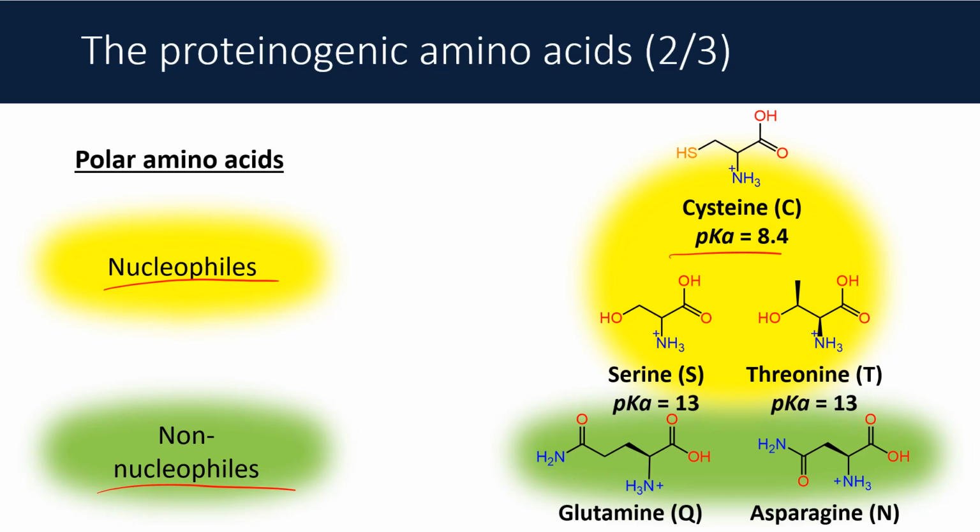Perhaps you recall its ability to oxidize with other cysteines to form these disulfide bridges, and these are very common structural motifs in all sorts of proteins. In addition to that, the thiol in the R group of cysteine is quite nucleophilic, which means there are several enzymes that will employ cysteine residues to do chemical reactions.